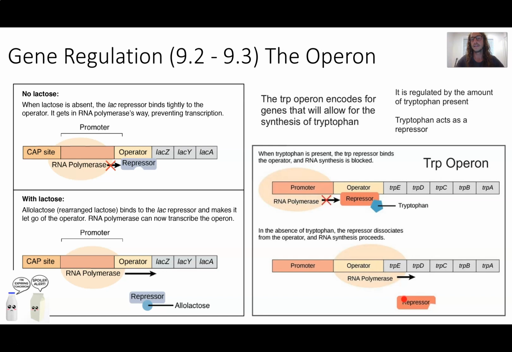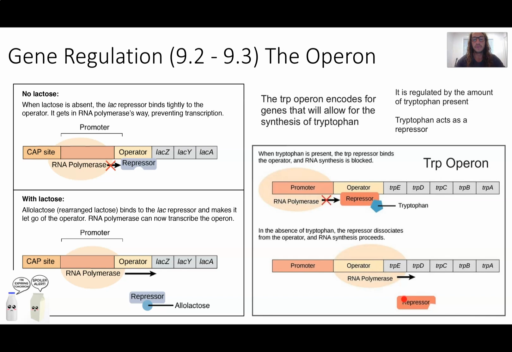But how's this? Little bacteria, simple prokaryotes, have this feature called the operon that allows them to turn on this ability and turn off the ability to produce tryptophan when needed. Just like it can produce these enzymes that break down lactose when lactose is present or not. So that is the operon.